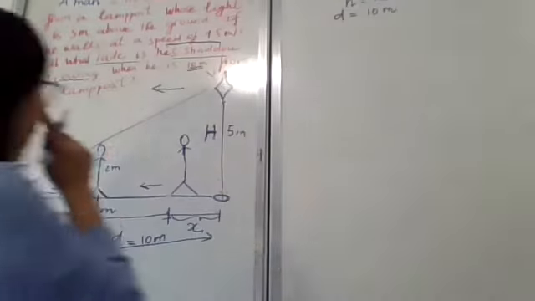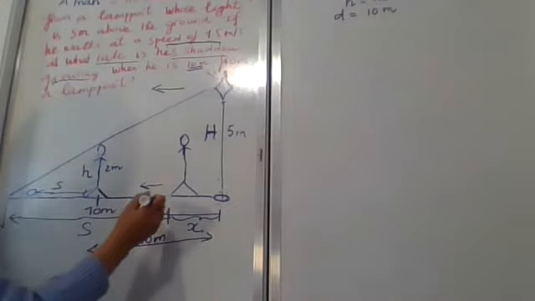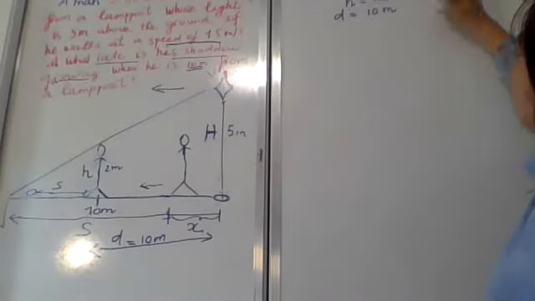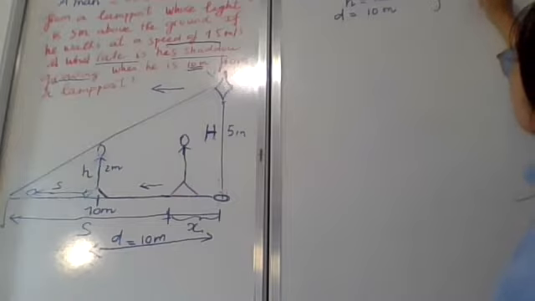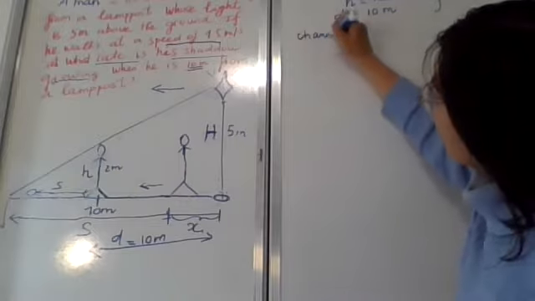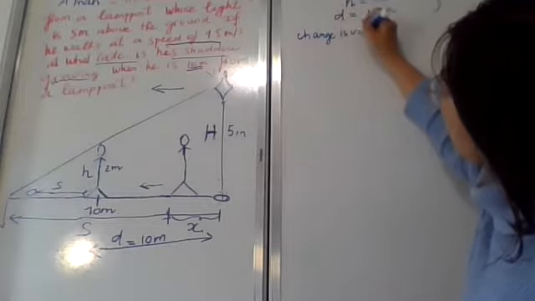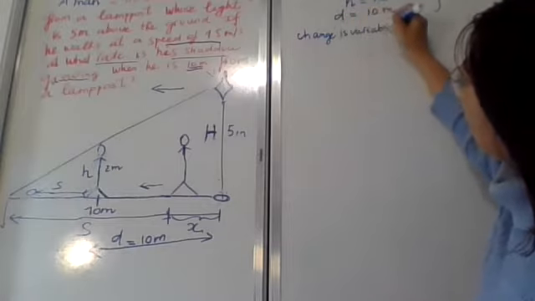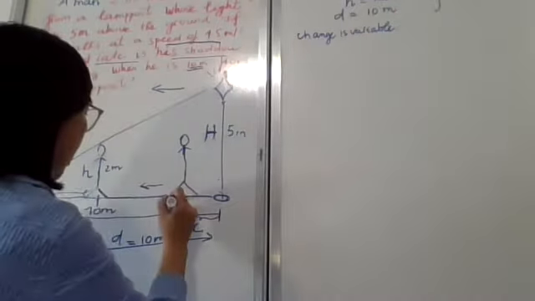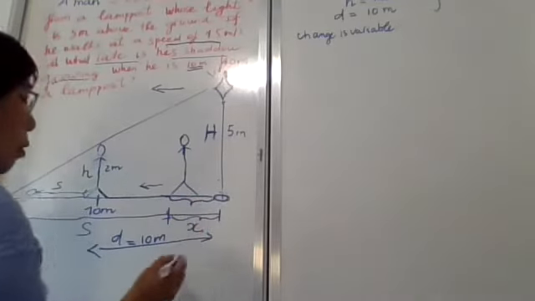Now, you have to know what is the fixed variable and what is the changing variable. All of this information is fixed data, no change. What is changing is the variable, the unknown thing we don't know. The unknown is the distance, how far he walked from the lamppost.